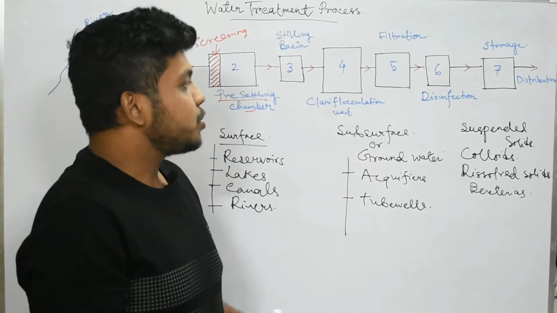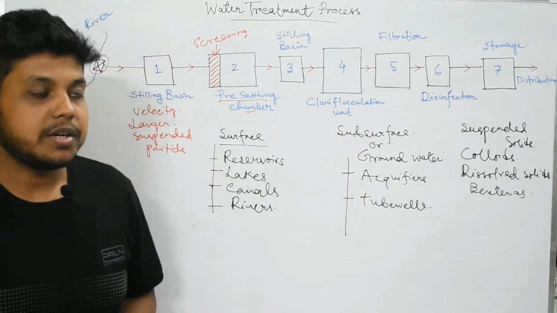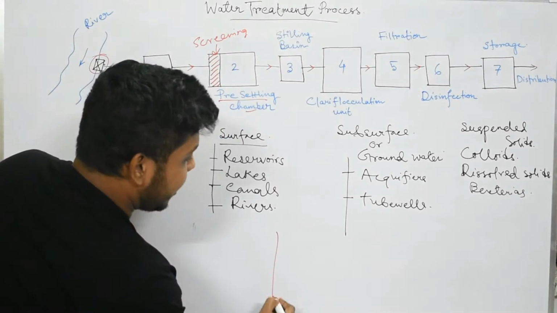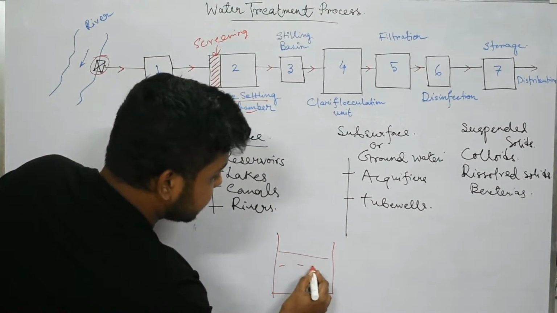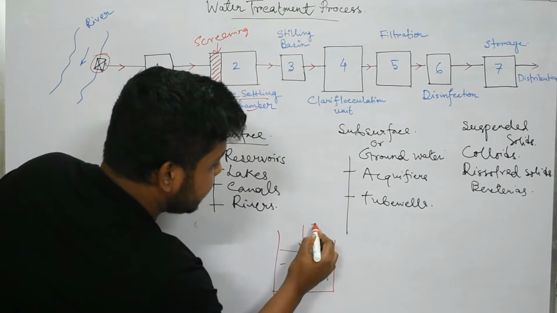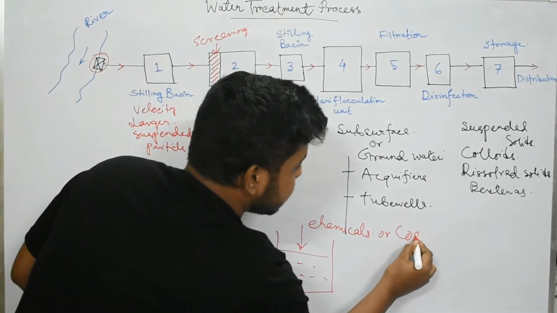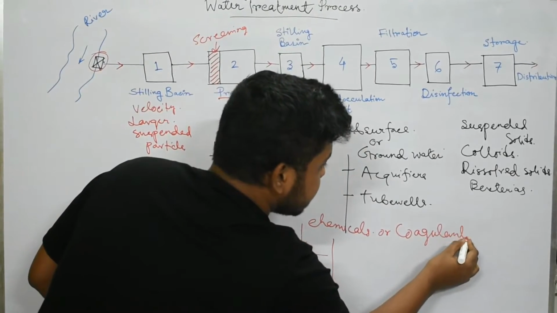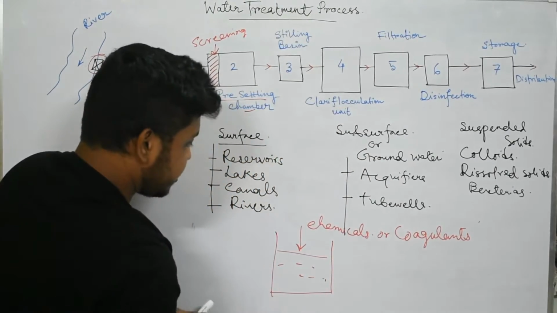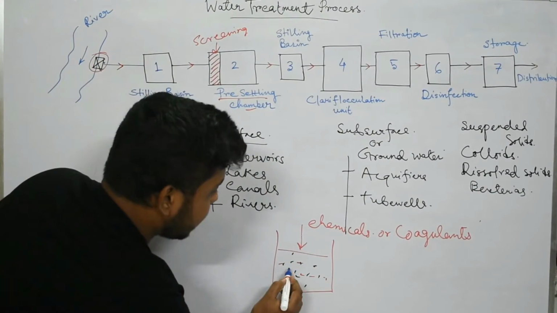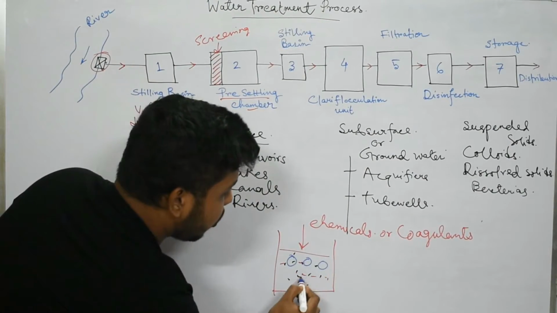The unit 4 shows a clariflocculation unit. A clariflocculator is where the water is treated externally with some chemicals, or say coagulants, mixed with this water to create large flocs.